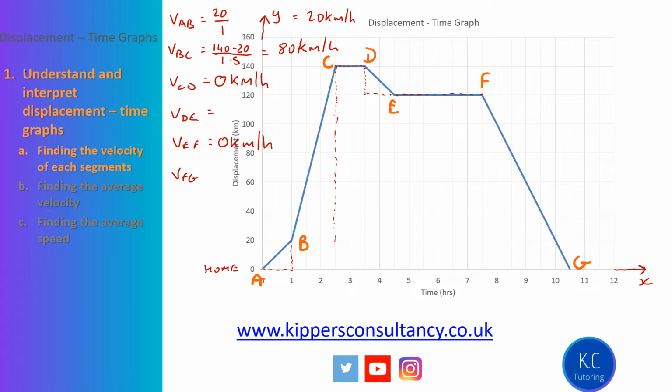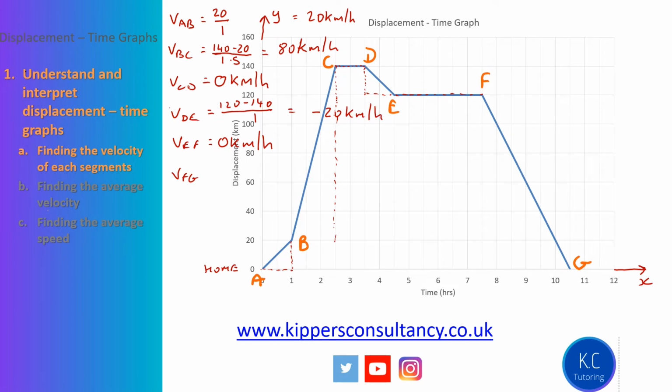The change in displacement from D to E is 120 minus 140, noticing that there is a negative change in displacement because the car is travelling south. That's happened over 1 hour. So 120 minus 140 is minus 20, divided by 1 is minus 20 kilometers per hour.